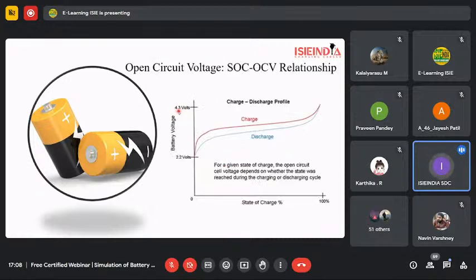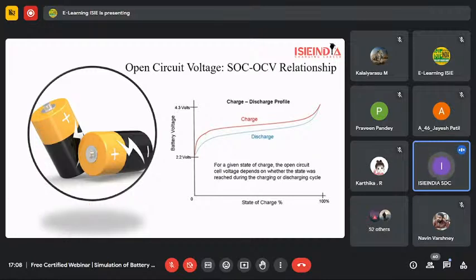Now, talking about the OCV and SOC relation. Here you can see the curve of the SOC and the battery voltage. This is the lower cutoff voltage, and this is the higher cutoff voltage. Let's suppose this battery has a higher cutoff voltage of 4.3 volts, and this one is 2.2 volts.